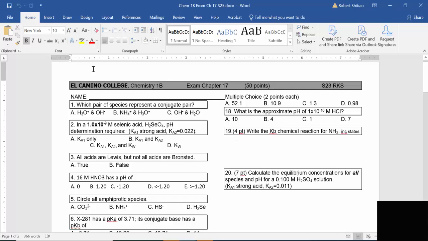We can take it over here on the computer. Yeah. Well, we can take it here too.